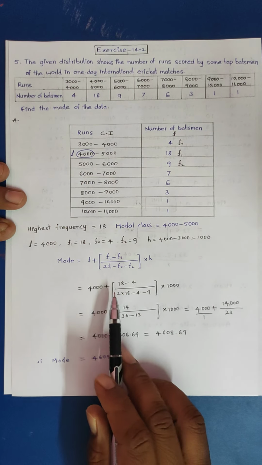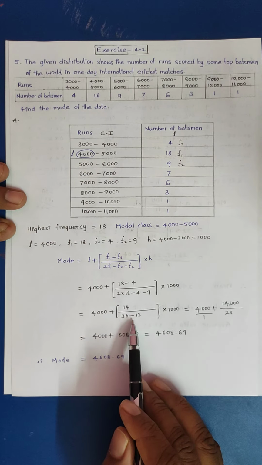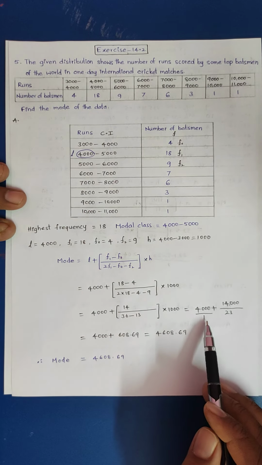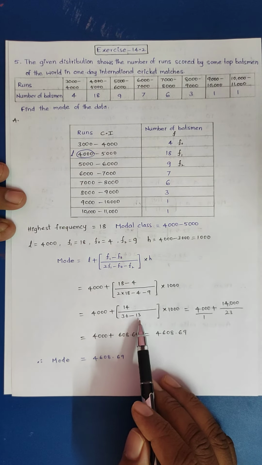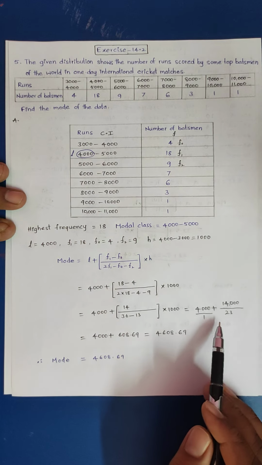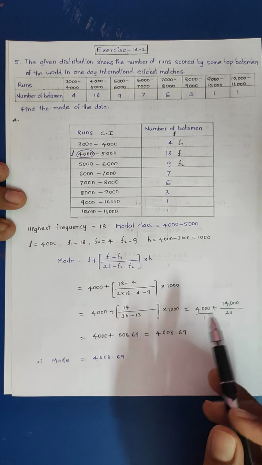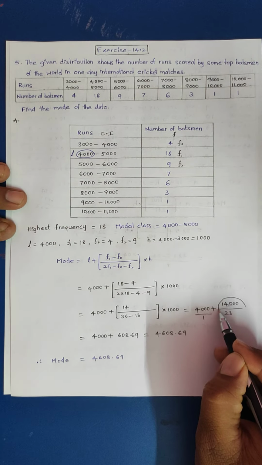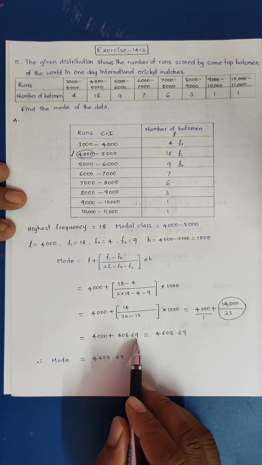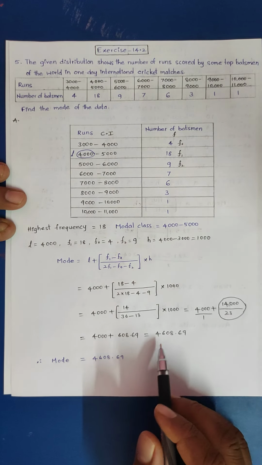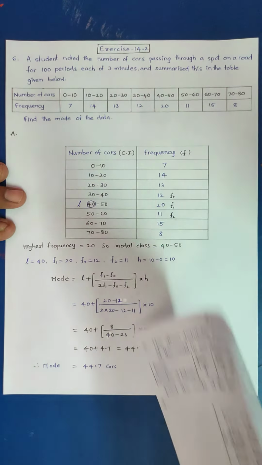Next, 4000 plus 18 minus 4, 14, by 18 twos are 36 minus 9 minus 4, minus 13, into 1000. 4000 plus 14 into 1000, 14,000 by 36 minus 13, 23. Or directly do the division, 14,000 by 23. I got here 608.69. Add these two numbers, then finally mode is 4608.69.